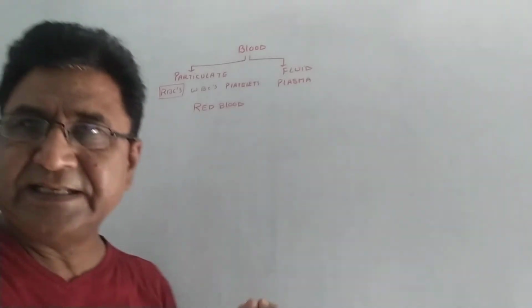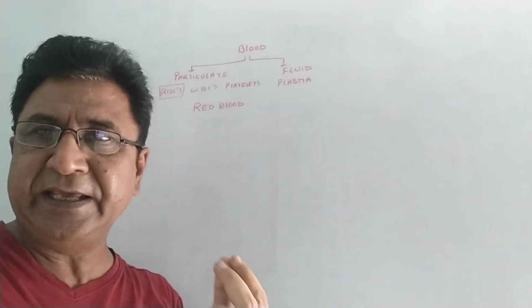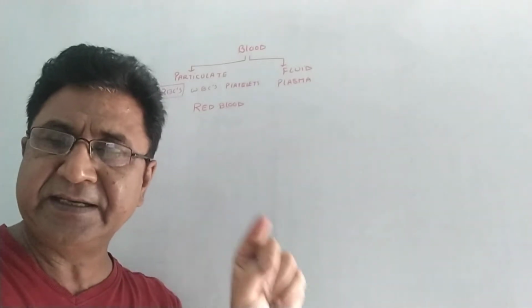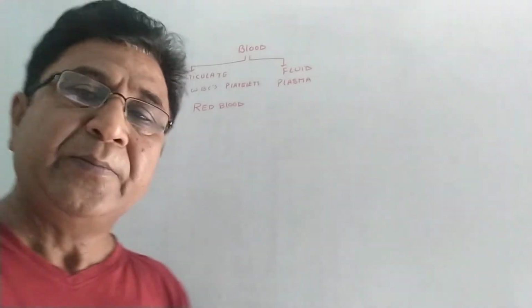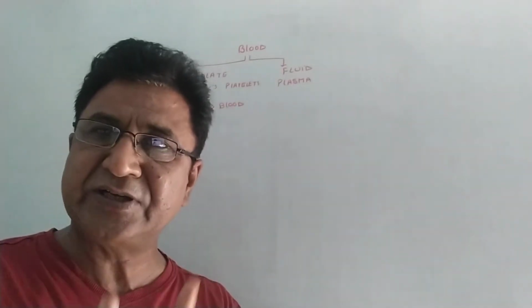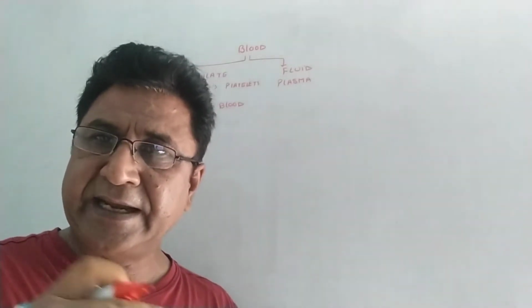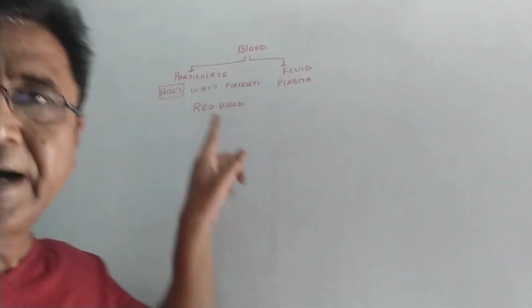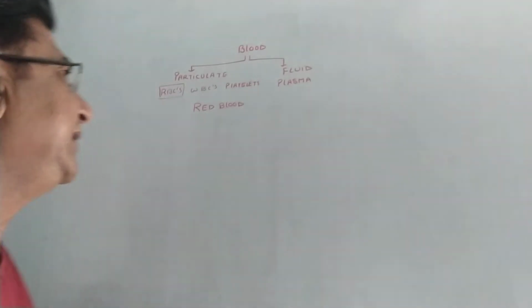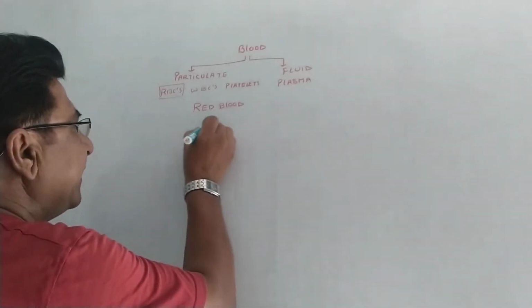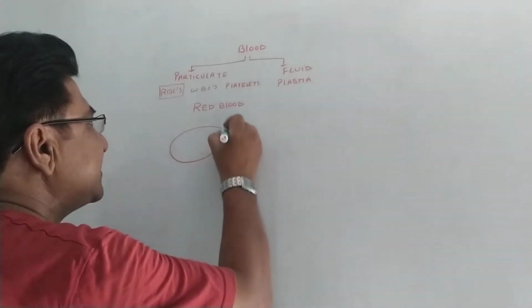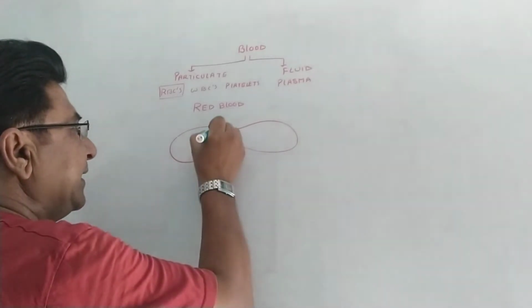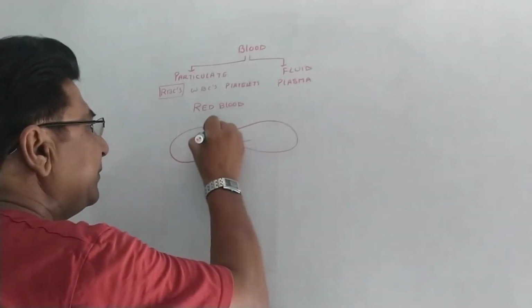Now red blood cells are biconcave in shape, biconcave disc-like structures. Why are they biconcave? Because of the biconcave nature, they are pressed from both sides and easily float in the plasma. Correct? Let's make a two-dimensional structure, because a three-dimensional structure cannot be made on the board. It contains hemoglobin pigment.